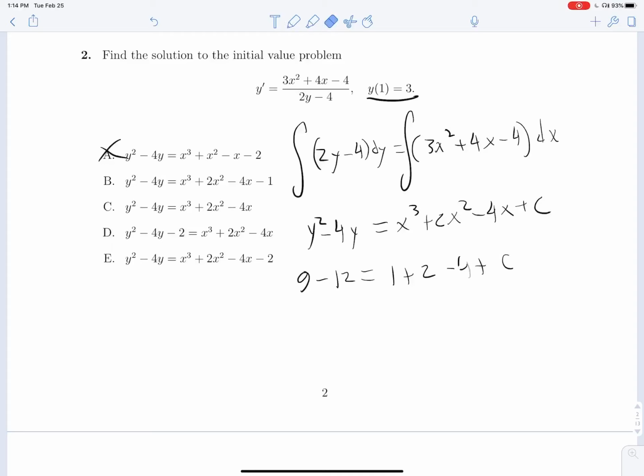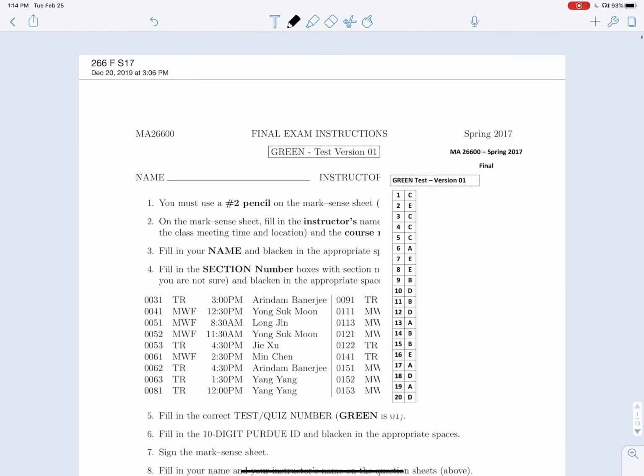This over here will give us negative 1. Over here we will get negative 3 plus 1 is negative 2. So we can replace c with negative 2 up there. And so we see that E is exactly this expression that we found here. So 2 is E.